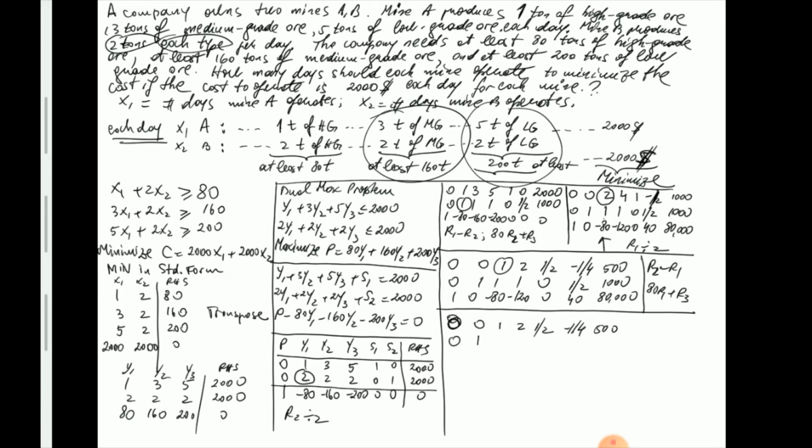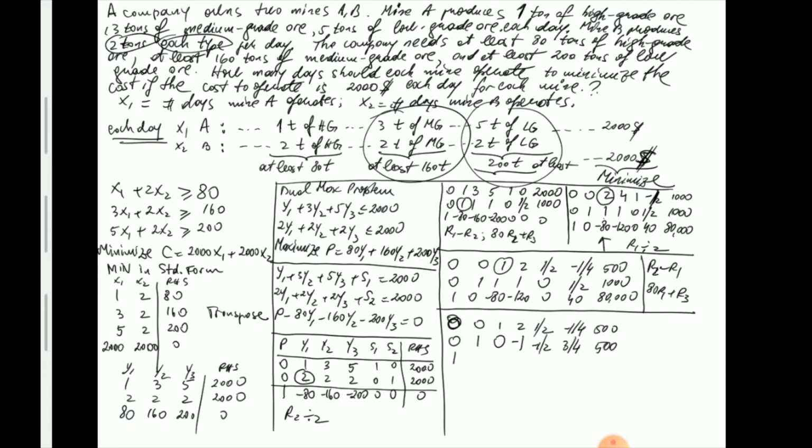Then 0, 1 minus 0, 1 minus 1, 1 minus 2 is minus 1. 0 minus 1/2. 1/2 minus negative 1/4. You can write it on a scratch paper here. That's like 1/2 plus 1/4, which is actually 3/4. 1000 minus 500, that's 500.